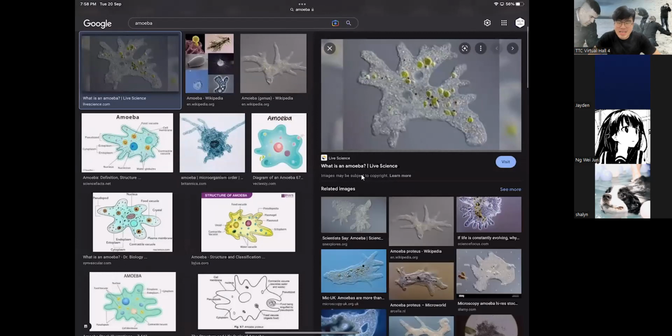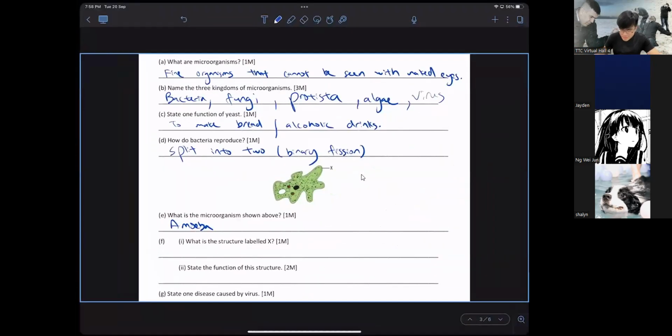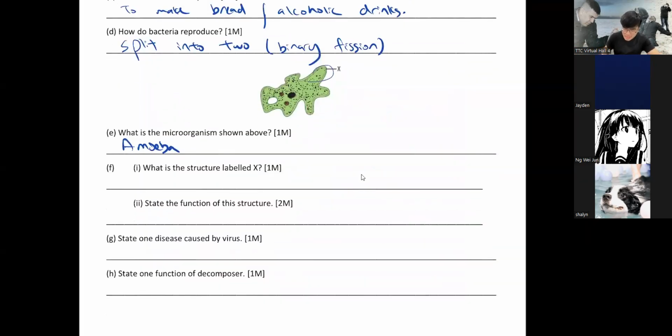They are just a tiny animal found in lakes. If you go to any fresh water, without salt water, lakes, a pond, river, you will see this thing. Amoeba is everywhere. They are just like a tiny version of you. So what is the structure labelled X here? You know what? We skip this.